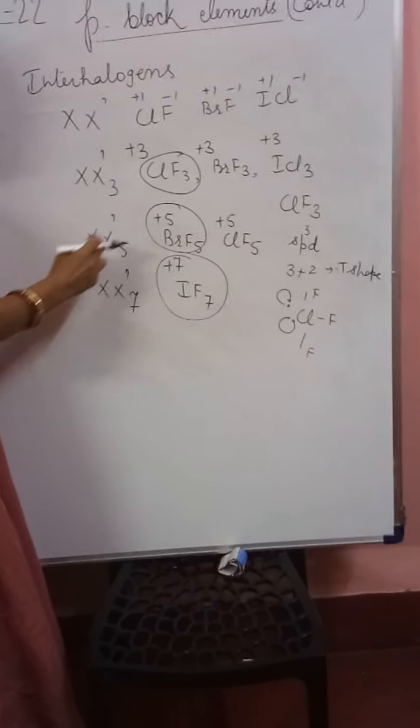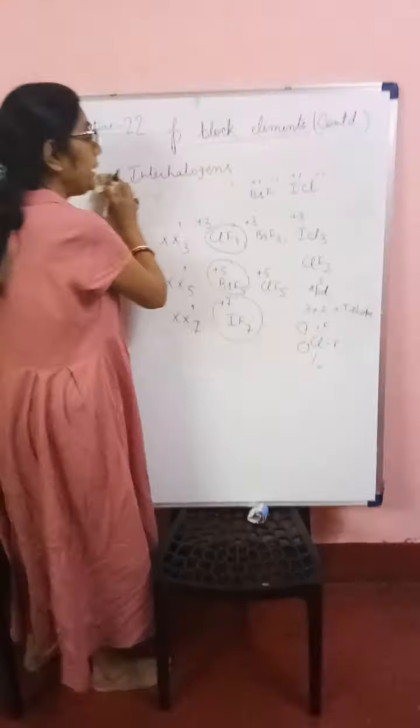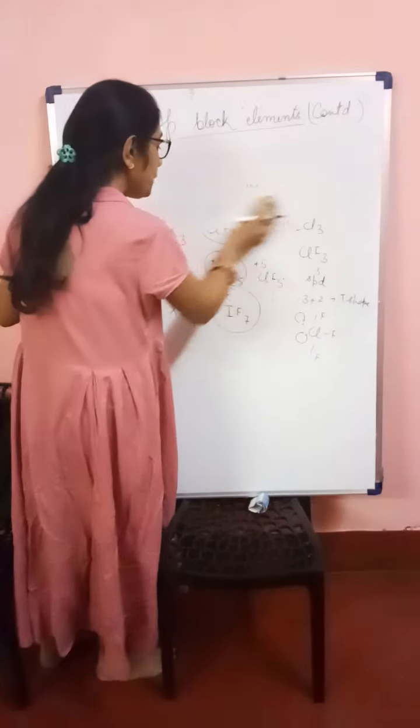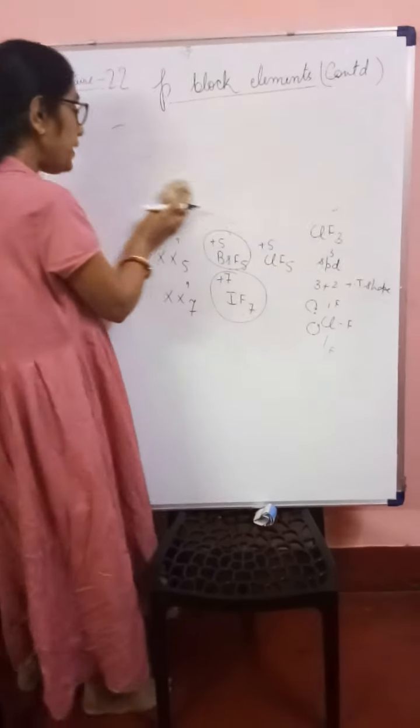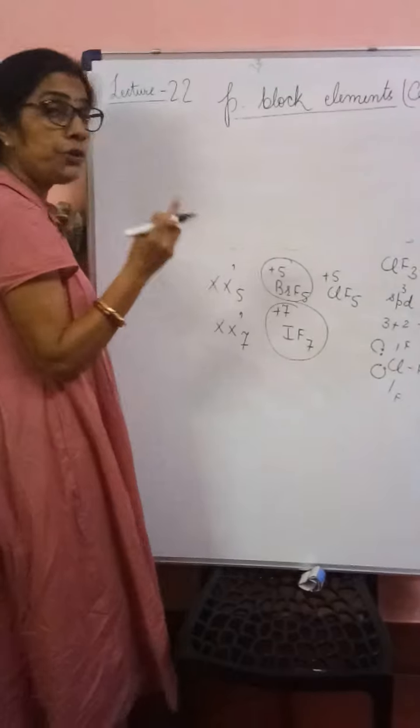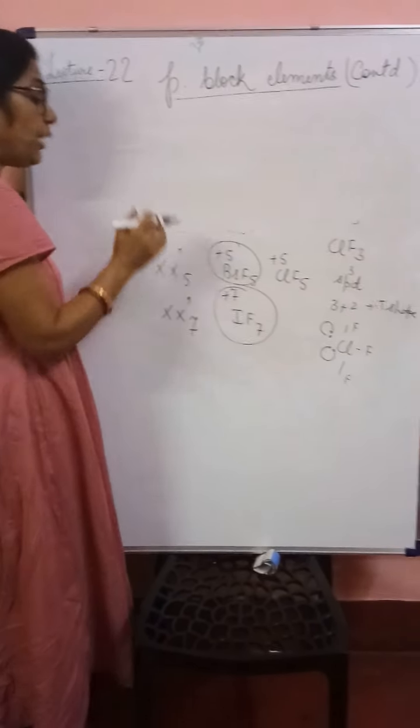Now when we talk about BrF5, out of 7 electrons, 5 are bond pairs, so only 2 electrons are left, which means 1 lone pair.